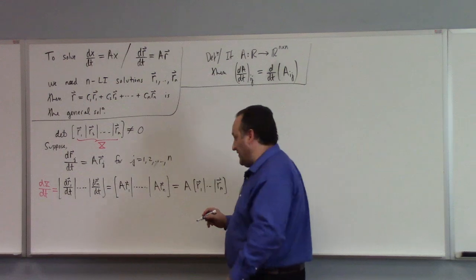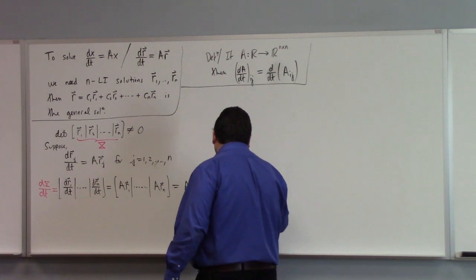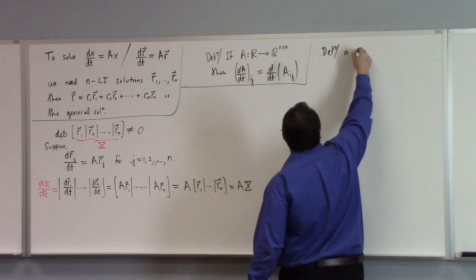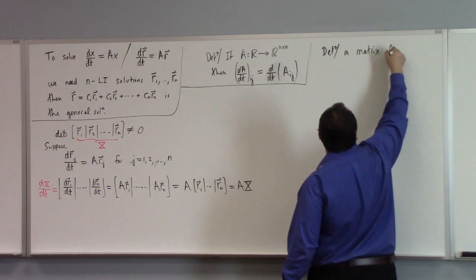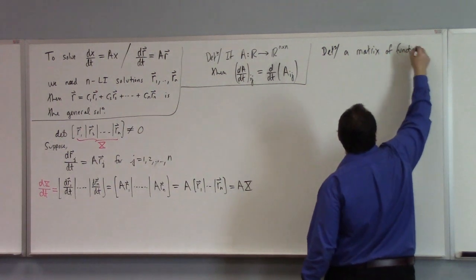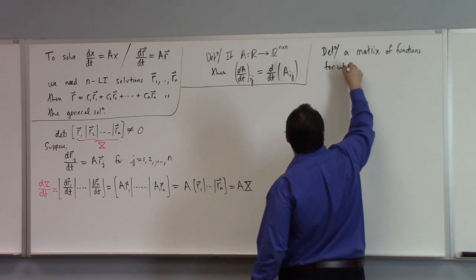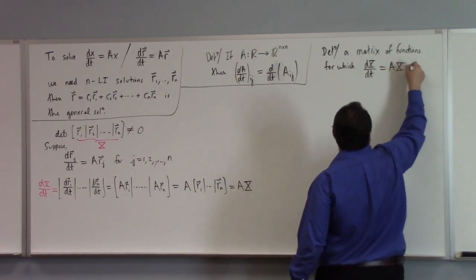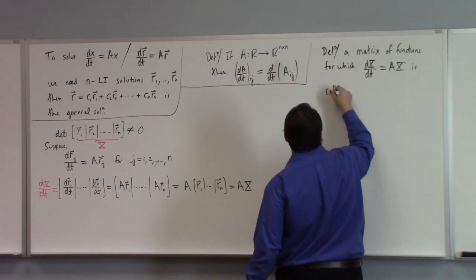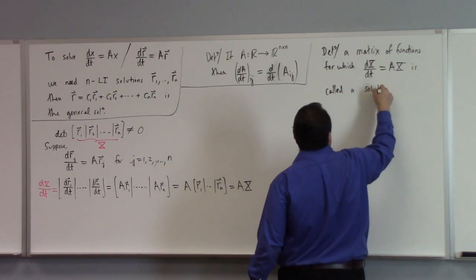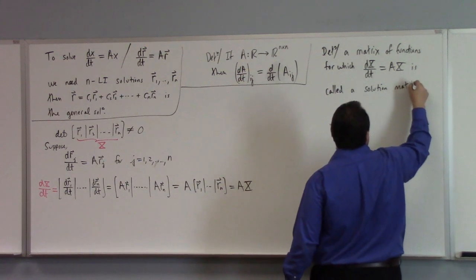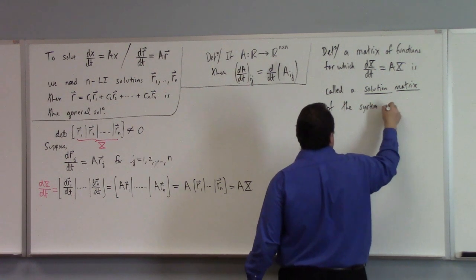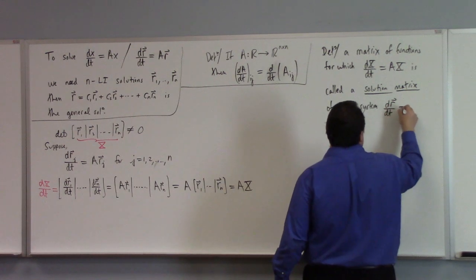Which is A times X. So, definition: a matrix of functions for which dX/dt is equal to A times X is called a solution matrix of the system dR/dt = AR.